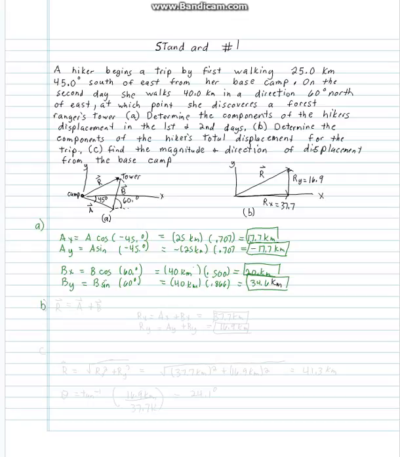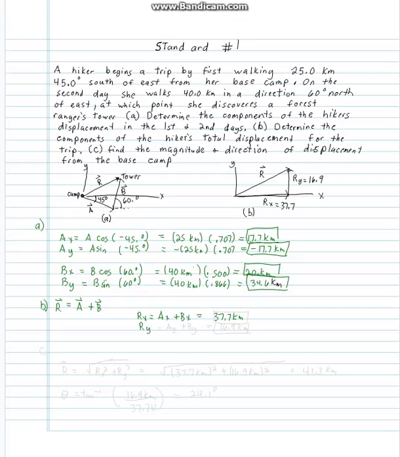With part B, we want to find the components of the resultant vector, so R is equal to A plus B. To find Rx, we add the x components of A and B, and to find Ry, you add the y components of A and B. So R of x equals Ax plus Bx, which equals 37.7 kilometers.